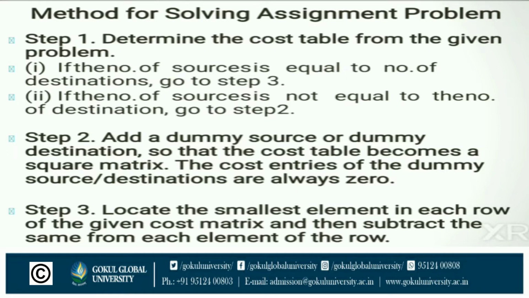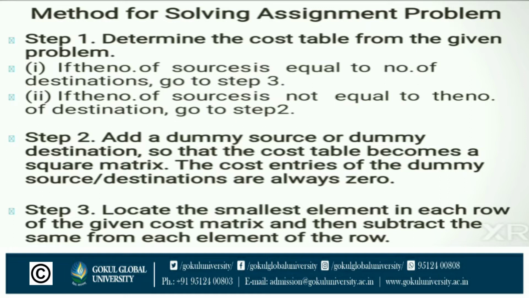If the number of sources is not equal to the number of destinations, go to step 2. Step 2: add a dummy source or dummy destination so that the cost table becomes a square matrix.